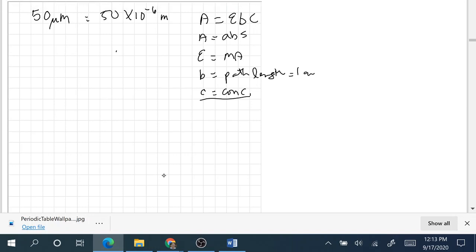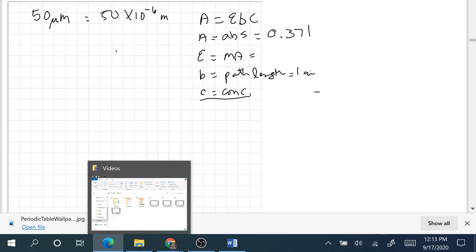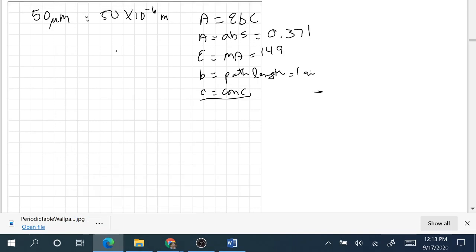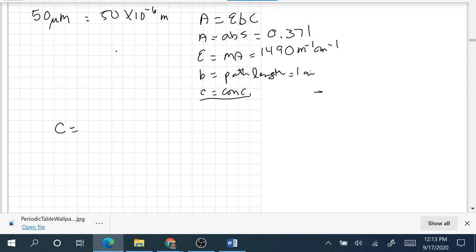Okay, and so we have the absorbance, which is equal to 0.371, and the molar absorptivity is equal to 1490 molar to the -1 centimeters to the -1. Okay, so we need concentration.